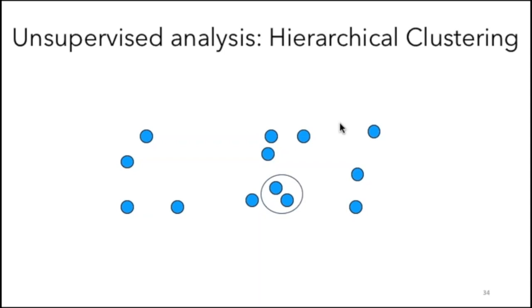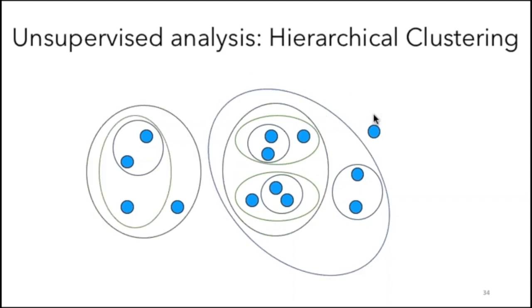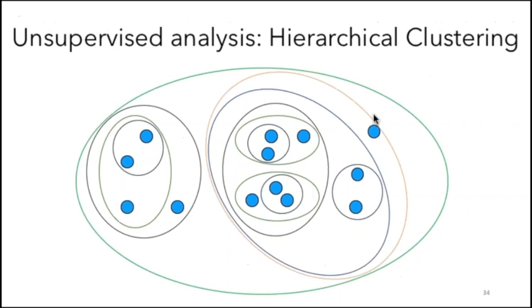And then I repeat this procedure. Then I find new 2 nearest clusters, for example, 2, and so on. For example, on this stage, we merge these two. And at the end of the procedure, we have one huge cluster, all points.